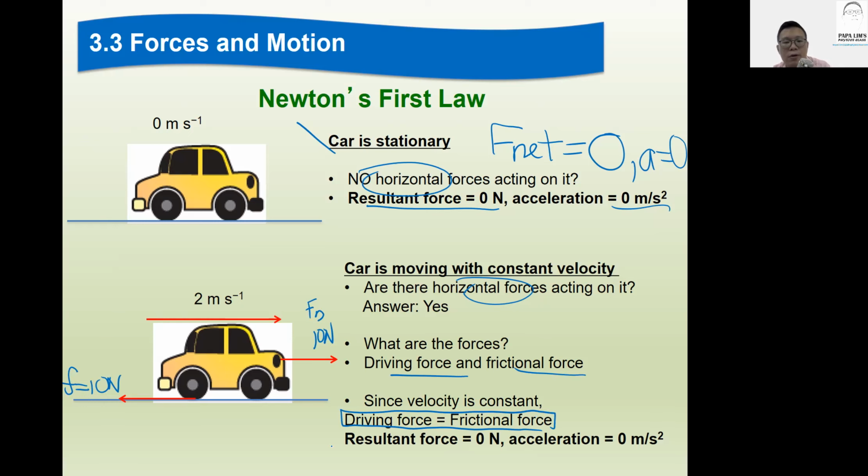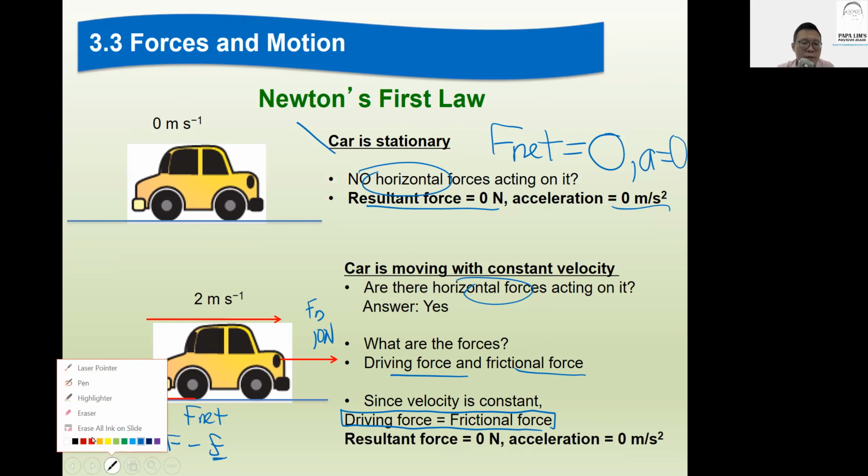The net force on the object now, if you take Newton's law, is F minus small f, the applied force, the driving force, minus the friction. If big F and small f are the same, if the driving force is 10 Newton and friction is 10 Newton, this is 10 minus 10.